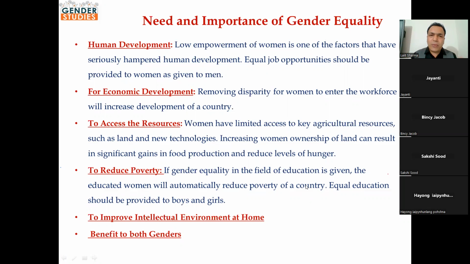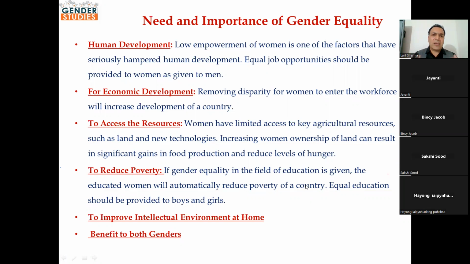Being parents, we shouldn't say to girls, you can't do this, you don't have to go out. Sometimes we have given more freedom to boys. Boys can come home late, but not the girls, right? Such a stereotype we have created.